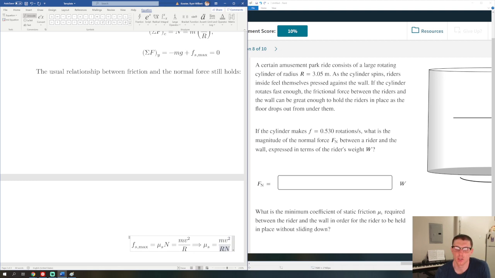Wait, no, what did I just do? I messed this up. This should be mu sub s times this stuff. So let me just fix that. Mu sub s. Yeah, that's better. But wait a minute. We need the coefficient.